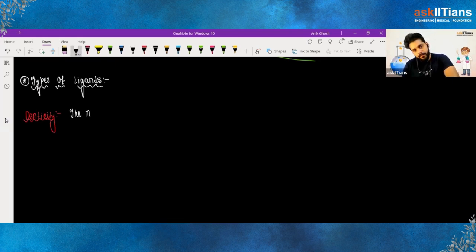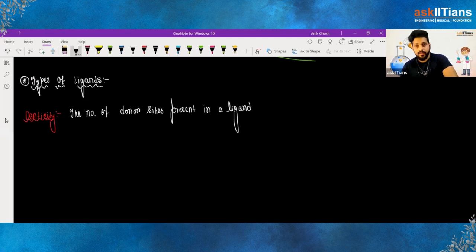The number of donor sites present in a ligand is called its denticity.